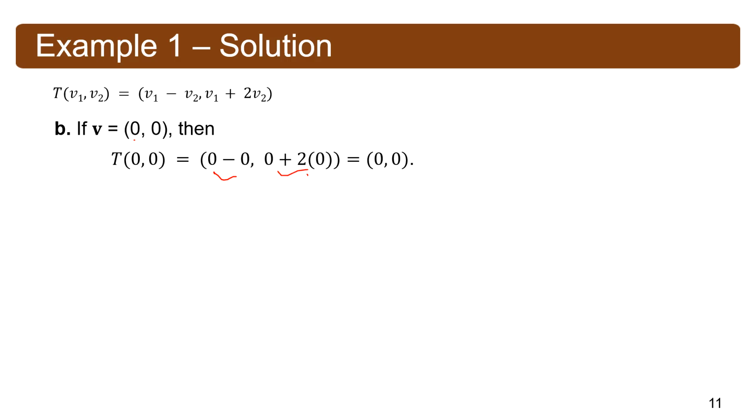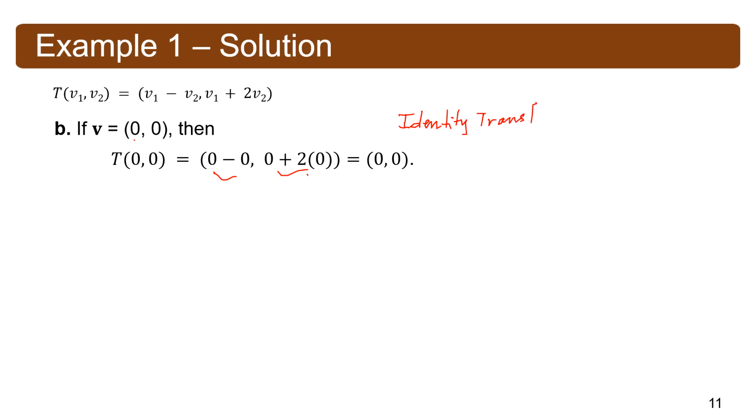So the image is equal to (0, 0). It does not change, still (0, 0). When the image and the pre-image are the same, we call that the identity transformation. Later we'll have this property, the identity transformation.